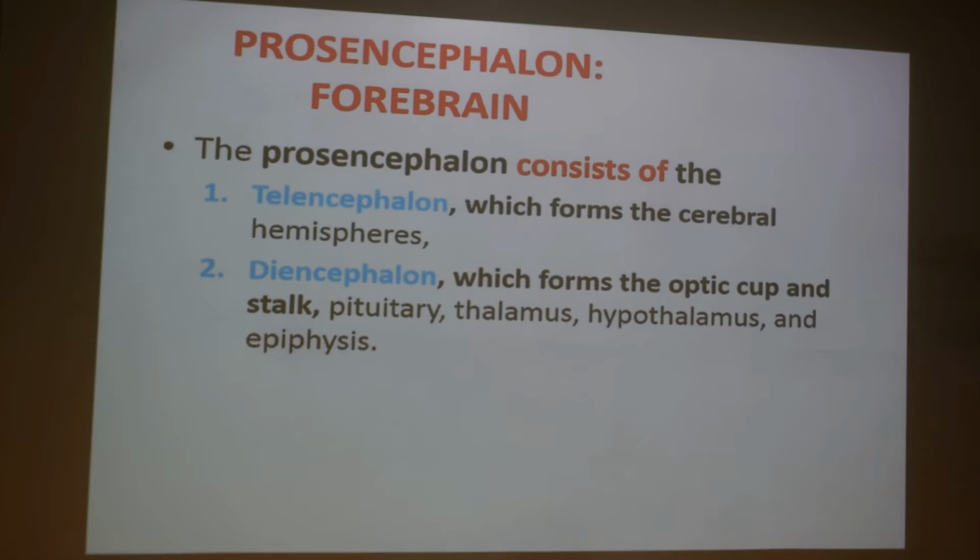In the rhombencephalon, we saw that the roof plate forms the choroid plexus of the fourth ventricle. Similarly, you would have a roof plate in the prosencephalon, and you would have the alar plates, but you would not have basal plates. So basal plates are gone at the level of the prosencephalon.